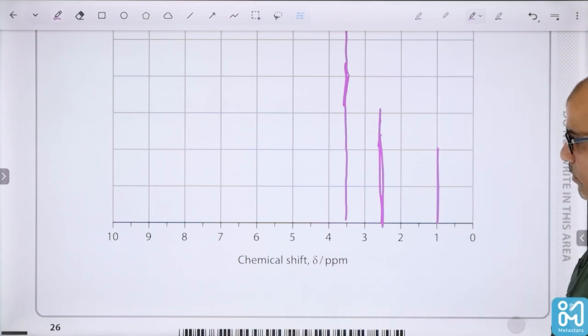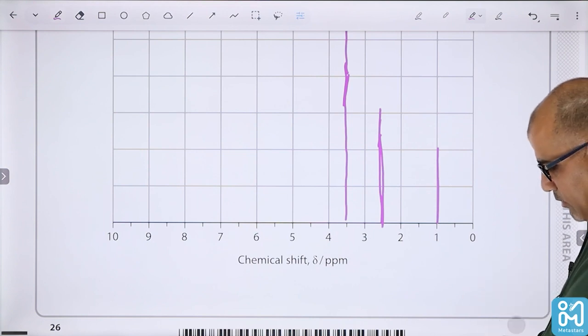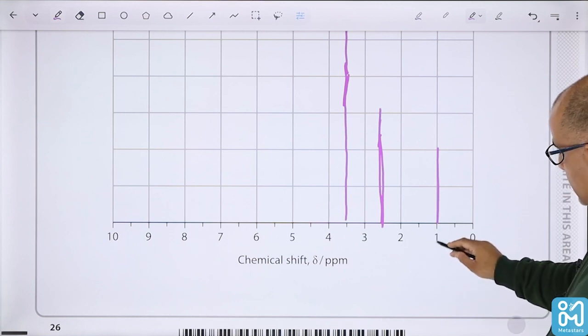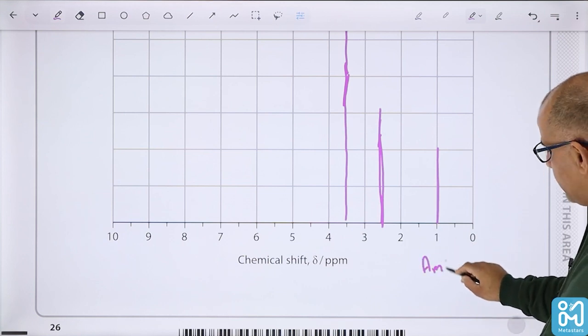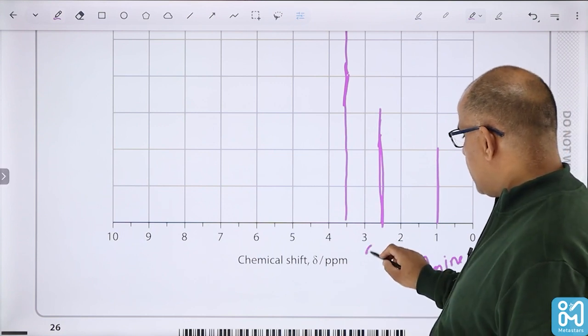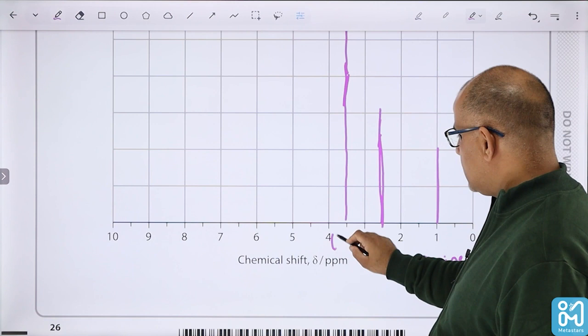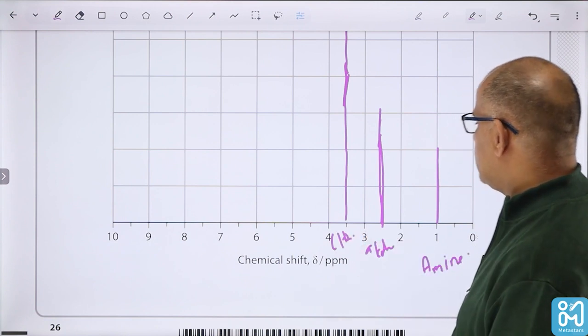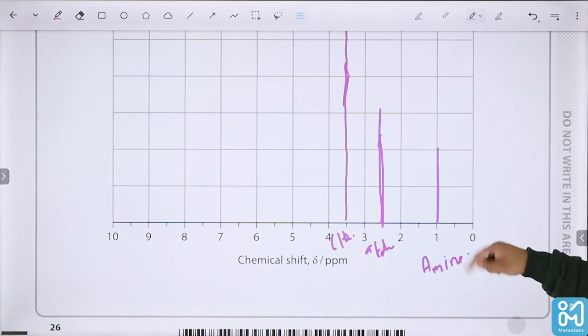So for the chemical shift, you can find it in the data booklet: this one is for the amino group, and this one is for alcohol, and this is for the CH2, since it is beside the alcohol.